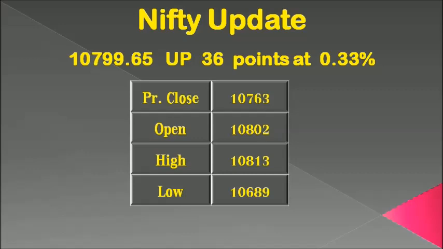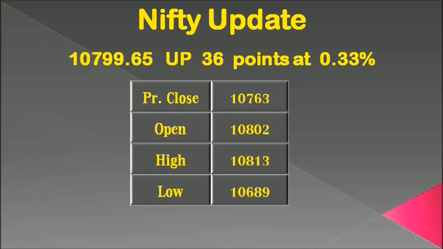Okay, so let's start. Let's look into the Nifty here. As you can see, yesterday it closed at 10,763 and it opened with a gap up at 10,802, which is around 40 points. It gapped up, but from there you can see the high made was 10,813, which is just near that opening price, and from there it fell to 10,689, which is almost 100 plus points from the opening price.